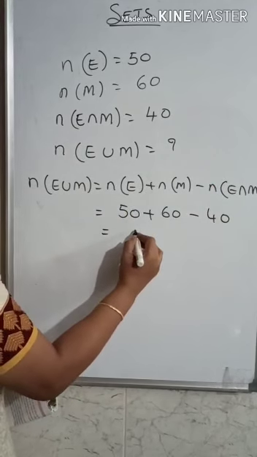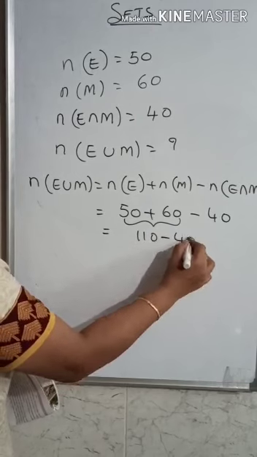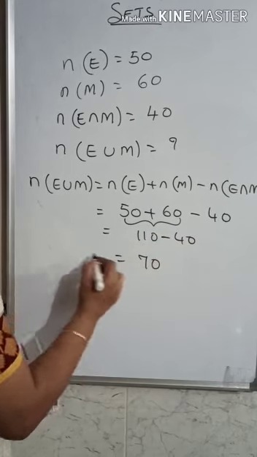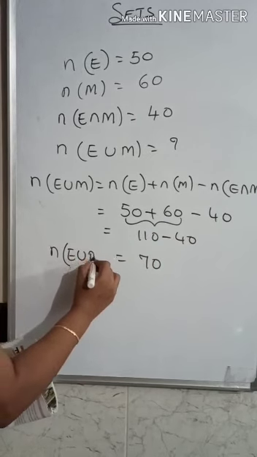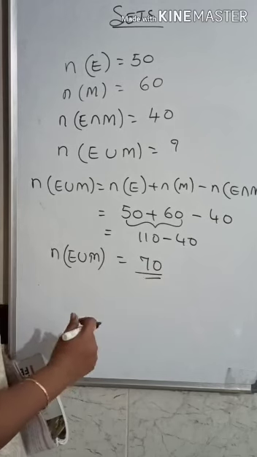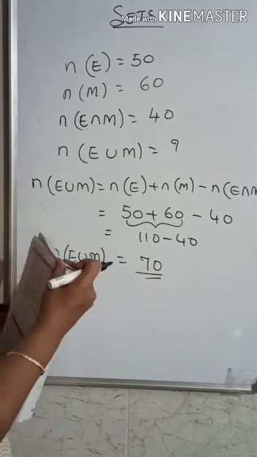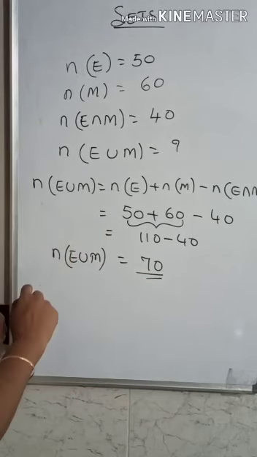So that is you get, adding both of it you get 110 minus 40 which is equal to 70. So the number of students who either have taken maths or English or both of it is given by 70. So this is how you find out the union, intersection or the number of elements using the relation formula.